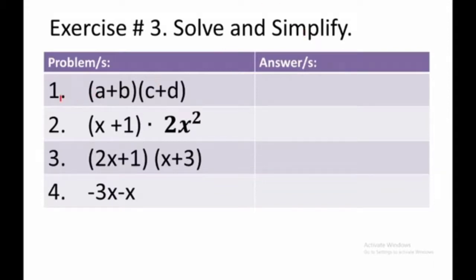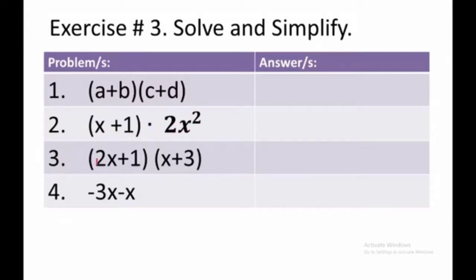Number 1 problem is the sum of a plus b multiplied by c plus d. Again, that is quantity a plus b times quantity c plus d. Number 2, the sum of x plus 1 multiplied by 2x squared. Again, quantity x plus 1 times 2x squared.